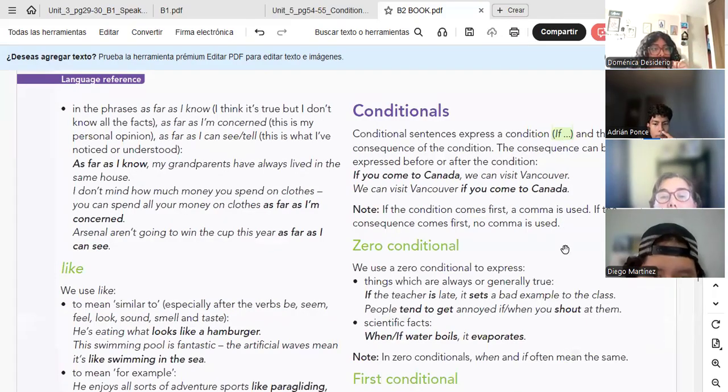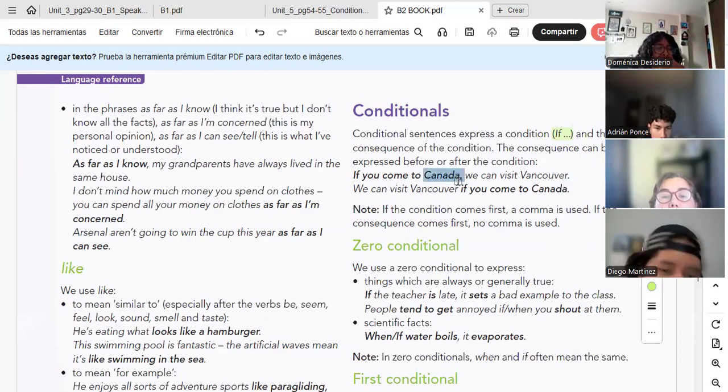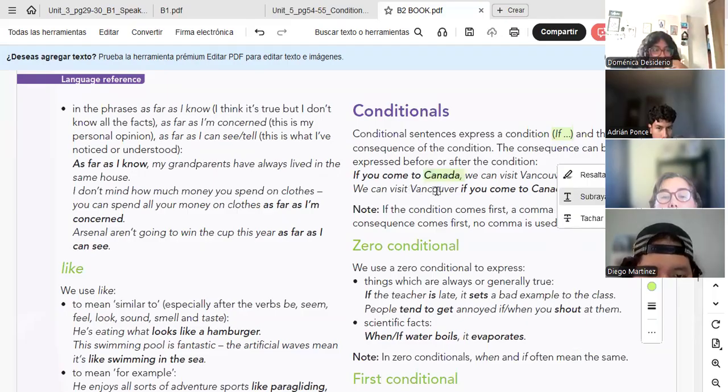The consequence can be expressed before or after the condition. If you come to Canada, we can visit Vancouver. We can visit Vancouver if you come to Canada. If the condition comes first, a comma is used. If the consequence comes first, no comma is used.